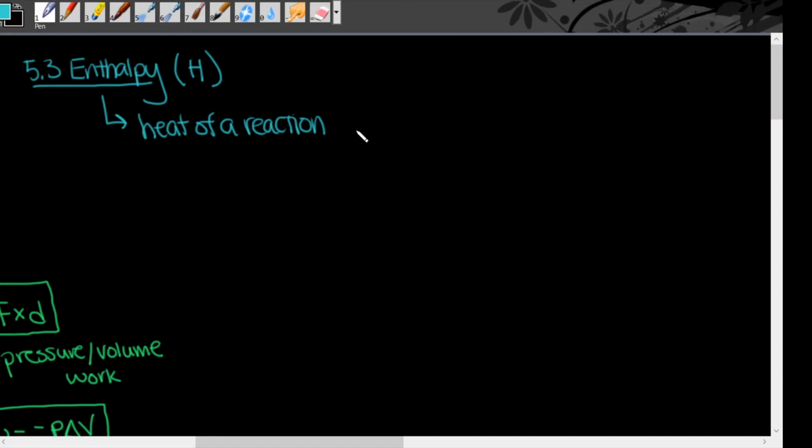They are the same thing when the reaction is happening at constant pressure, okay? So enthalpy is equal to the heat of a reaction taking place under constant pressure conditions.